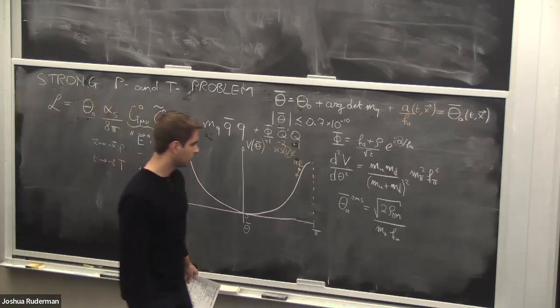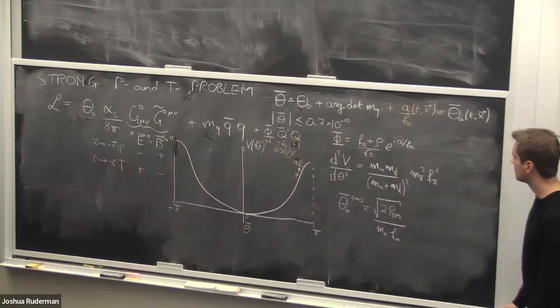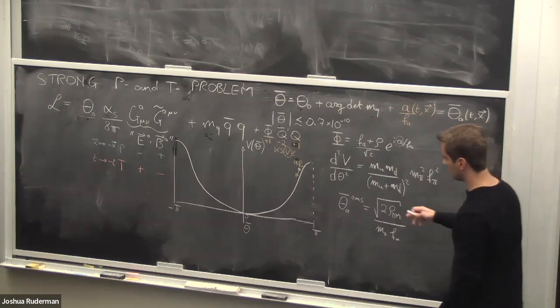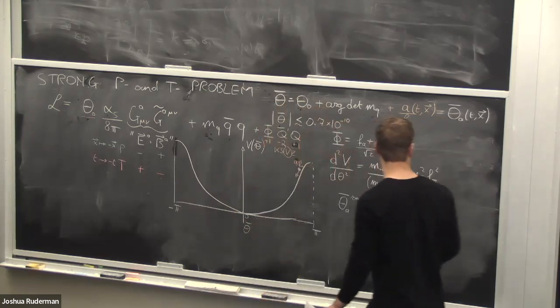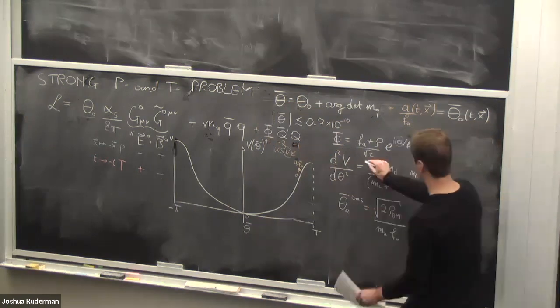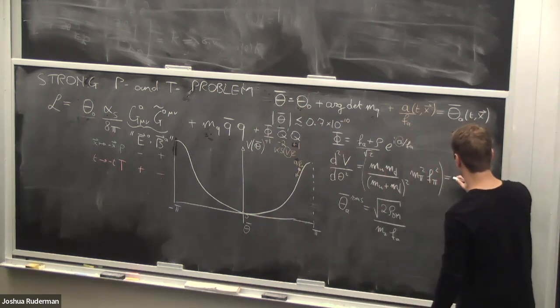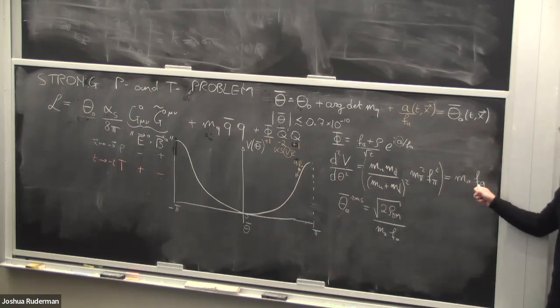Okay, but we know what the mass times the decay constant is. The mass of the field is determined by the curvature of this potential. So because this piece here is known, you can show that this is equal to the mass times the decay constant as well. So we know this product of mass and decay constant.